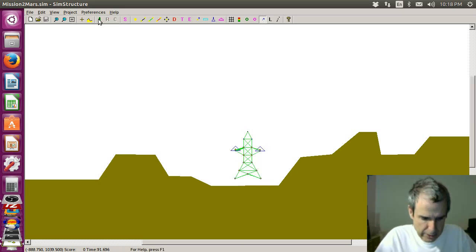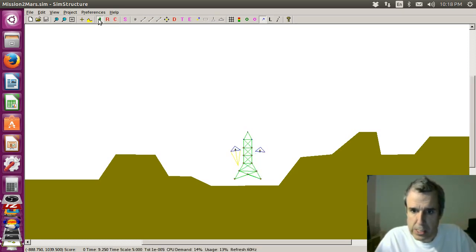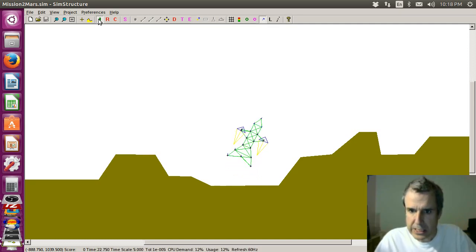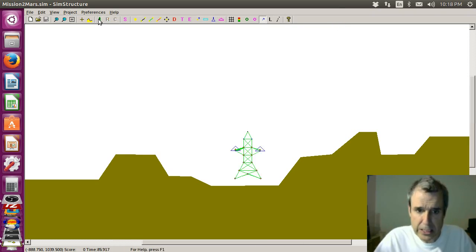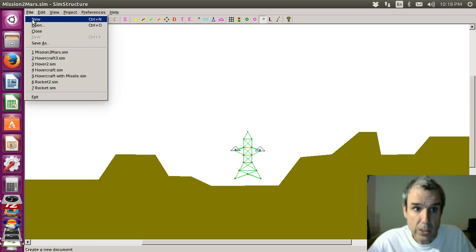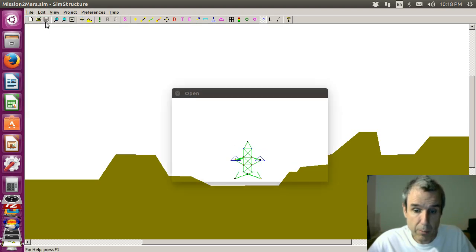Okay, let's start over. Then you break them, and then you separate a stage, and then I think you have to try and land. You're supposed to land it. So anyway, somebody made this with SimStructure, which is the program that I wrote.